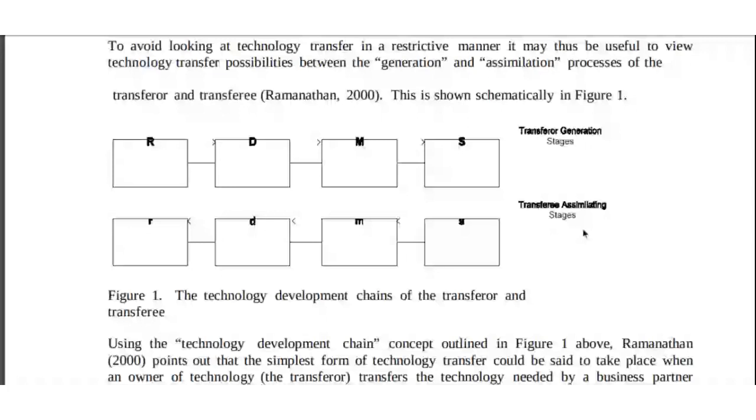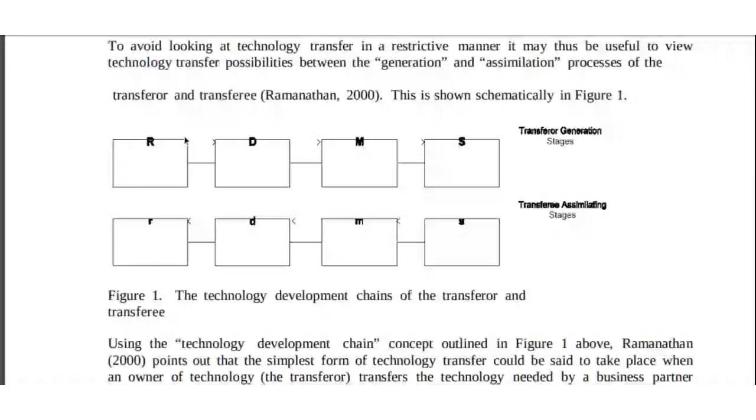Because the transferer can actually decide to transfer the technology in the form of the research stage. So maybe in the research they are doing, they can incorporate the transferee in that research so that it is a shared activity. It's what is sometimes called a collaboration. Of course, the transferee is learning from the transferer.